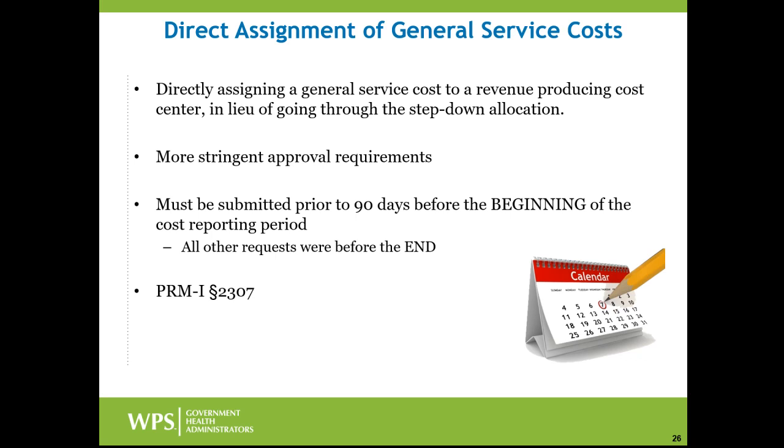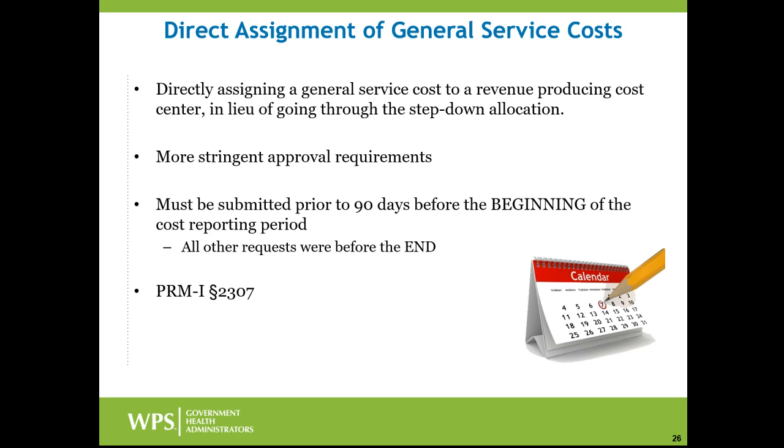Now, this has a lot more requirements for it. There are more stringent approval requirements, and one thing that's very important to understand is that the time frame, the 90-day and 60-day rule, is a little bit different here. It's intentional. The direct assignment approvals, the request, must be submitted prior to 90 days before the beginning of the cost reporting period.